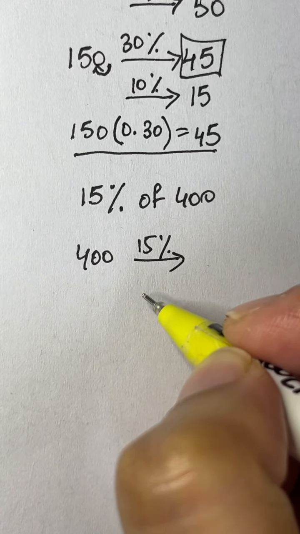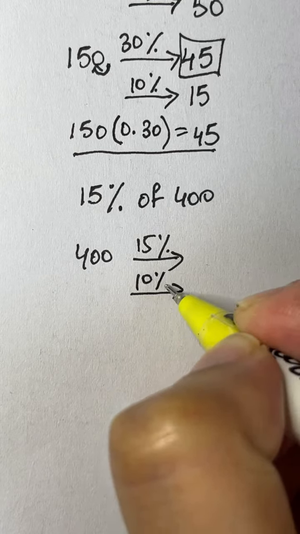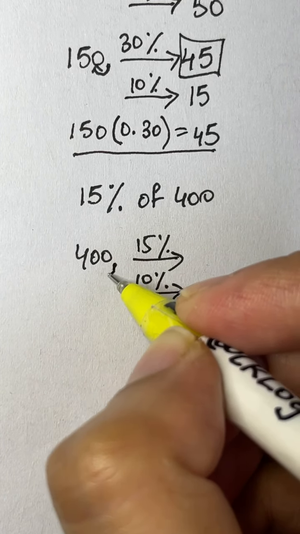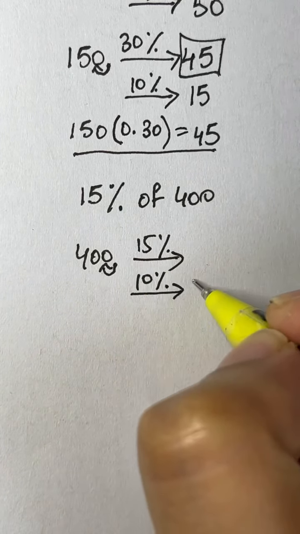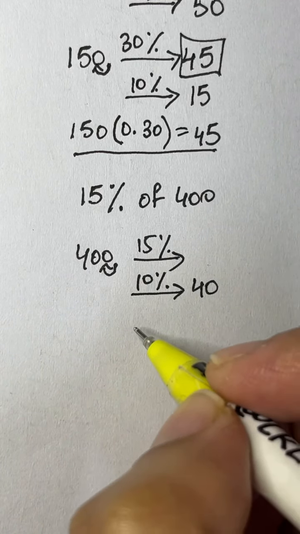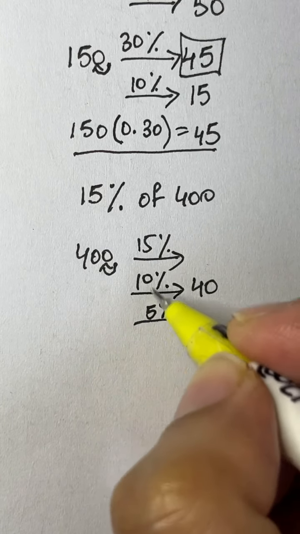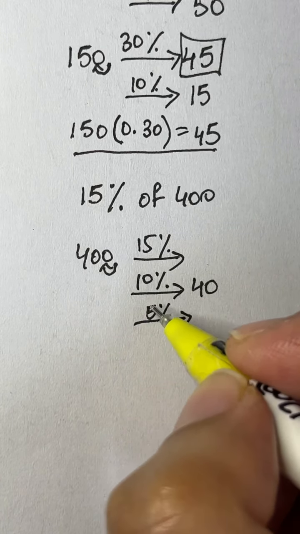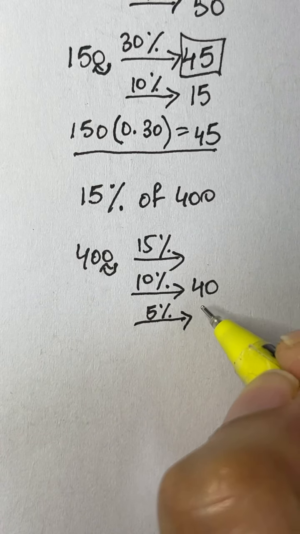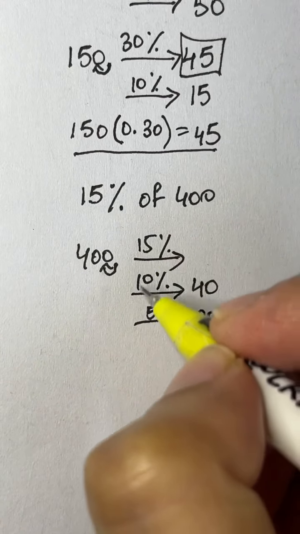So first we are going to find out 10%. What is 10% of 400? Just move the decimal one slot towards left and that's 40. 10% is 40. Now let's find out 5%. So 5% would be just half of 10%. 10 divided by 2. So 40 divided by 2 is how much? That's 20.